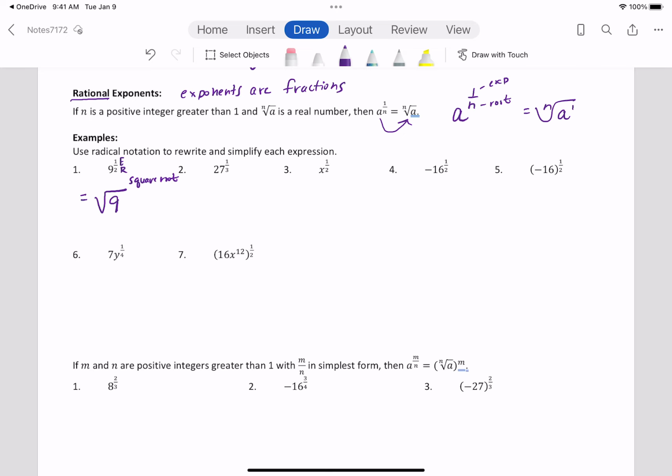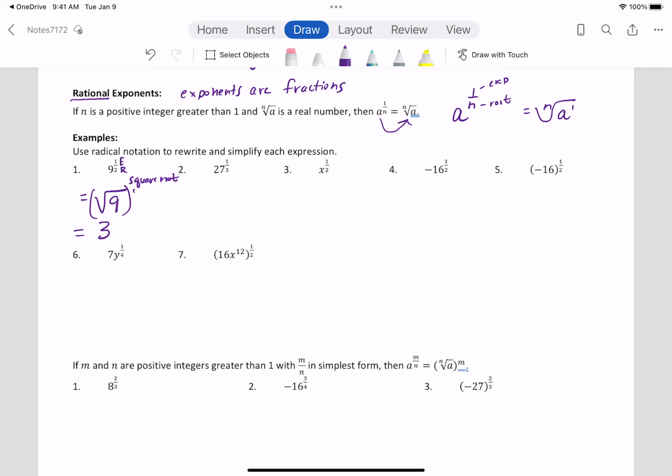So we don't have to write an exponent of 1. If you wanted to, you could do it like this, but you don't have to. And then we know that the square root of 9 is 3. So when the exponent is 1, these are going to be a lot simpler than the next ones that we look at where the exponent is not 1.